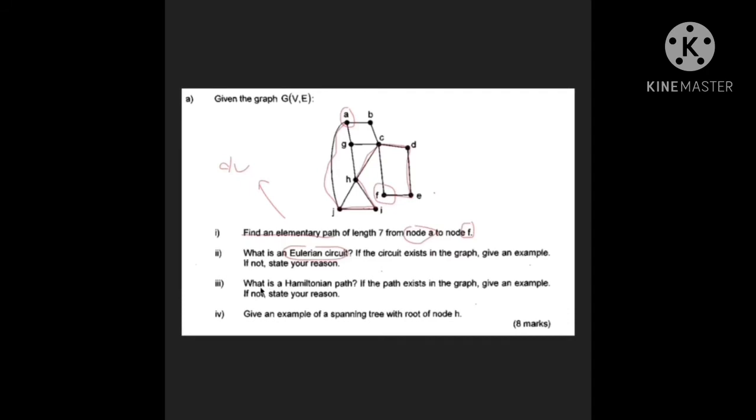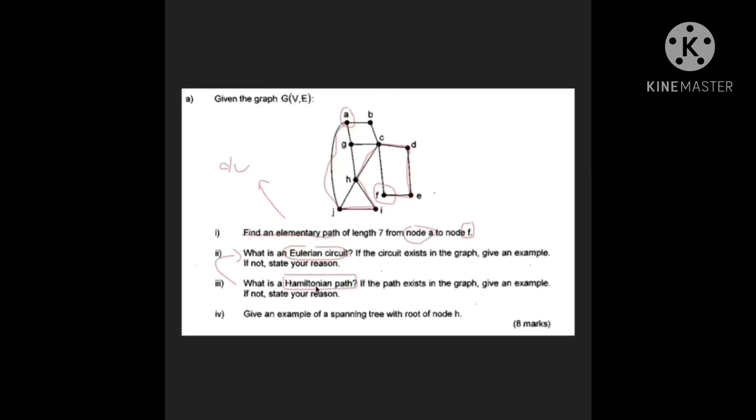Next is question 3. What is a Hamiltonian path? If the path exists in the graph, give an example. If not, state your reason. This question is similar to the second question, where we need to know the meaning of a Hamiltonian path.